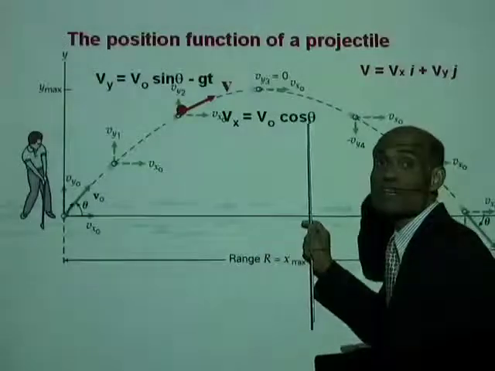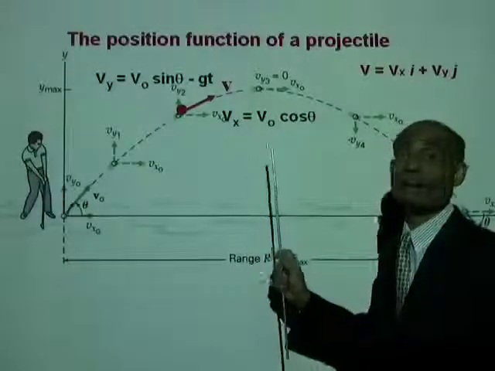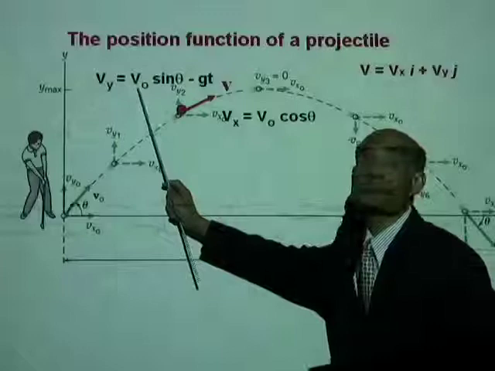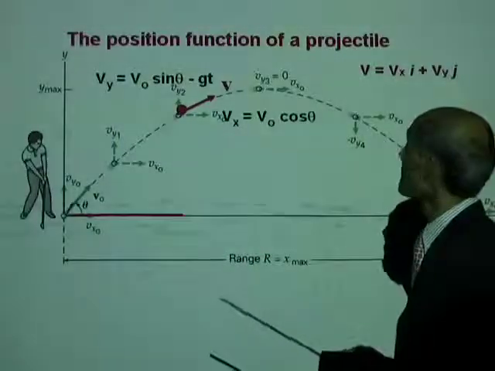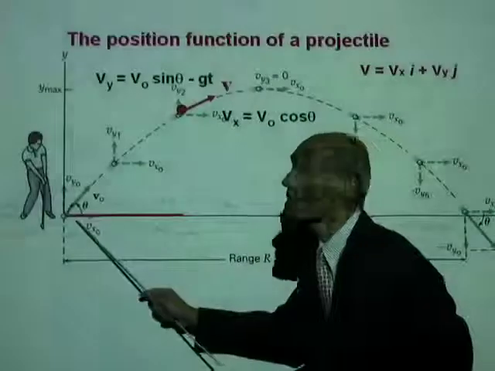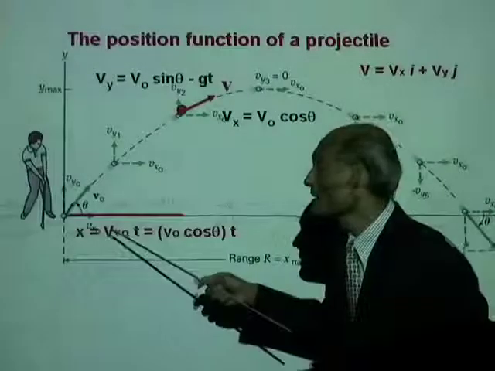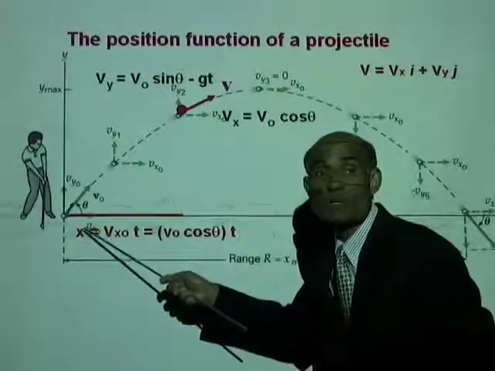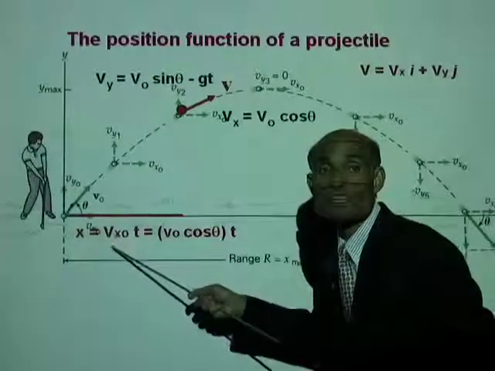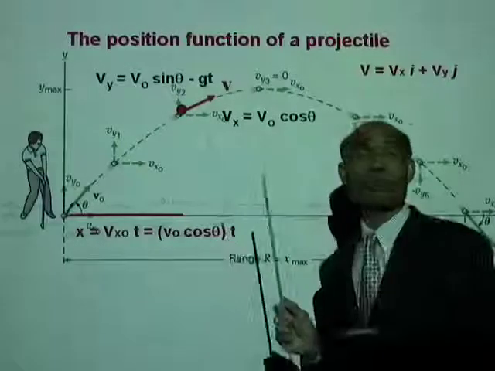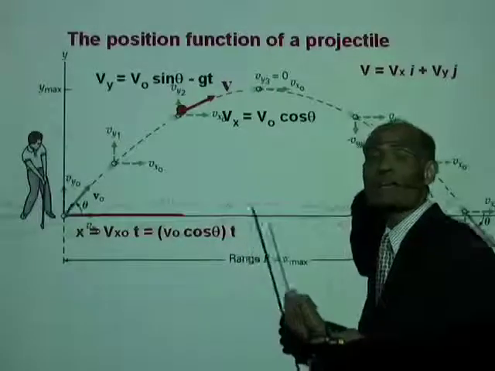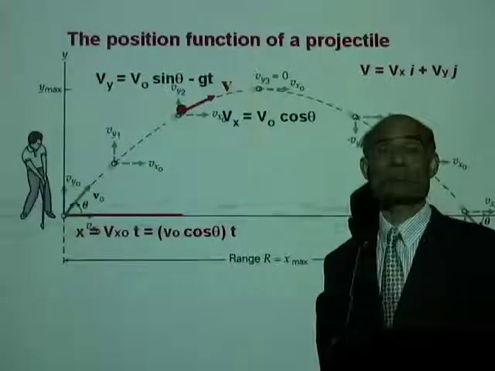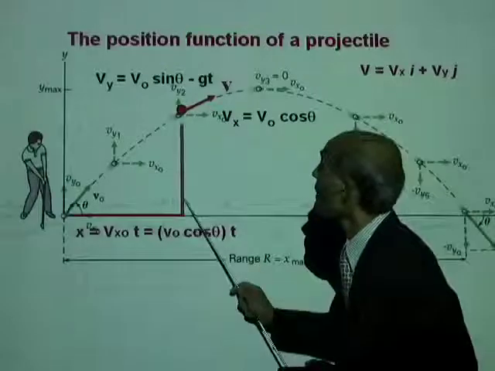Vx is V0 cos theta, and Vy is V0 sine theta minus gt. Alright? And what will be its x position? Its x position will be x equal to Vx0 multiplied by the time, which is V0 cos theta multiplied by time.